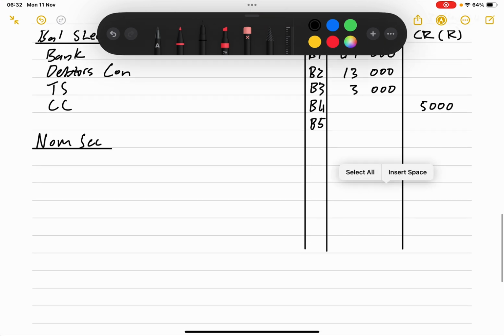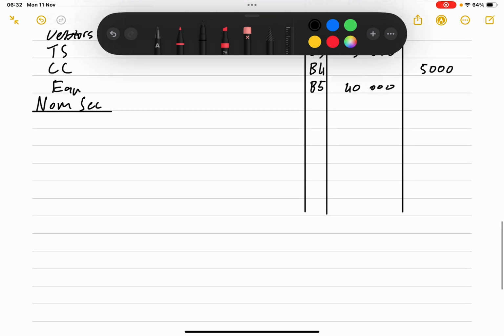Let's say this is equipment, B5, and you have 40,000 rand in equipment. Cool.